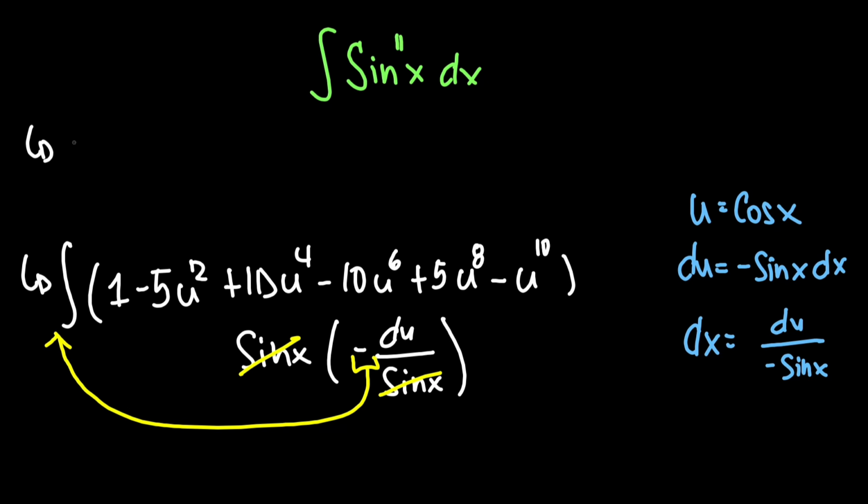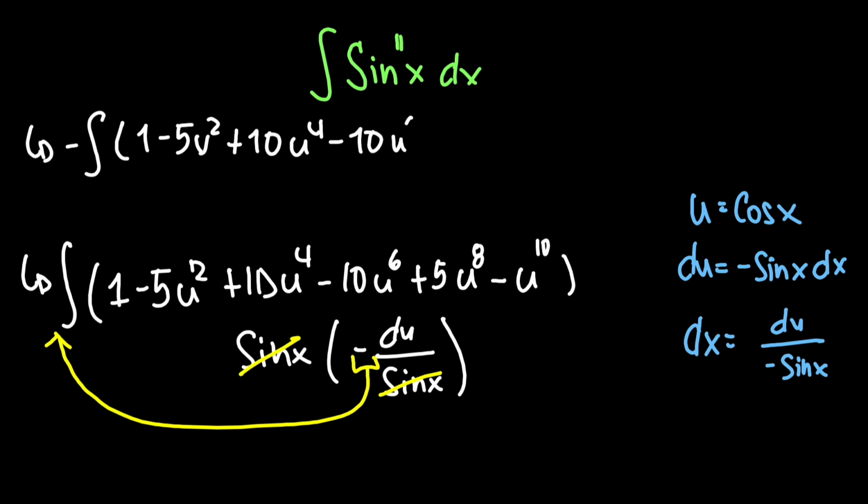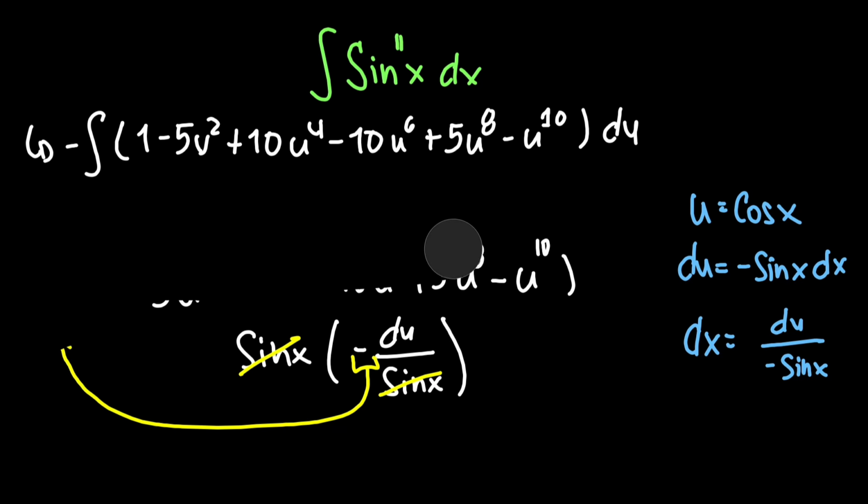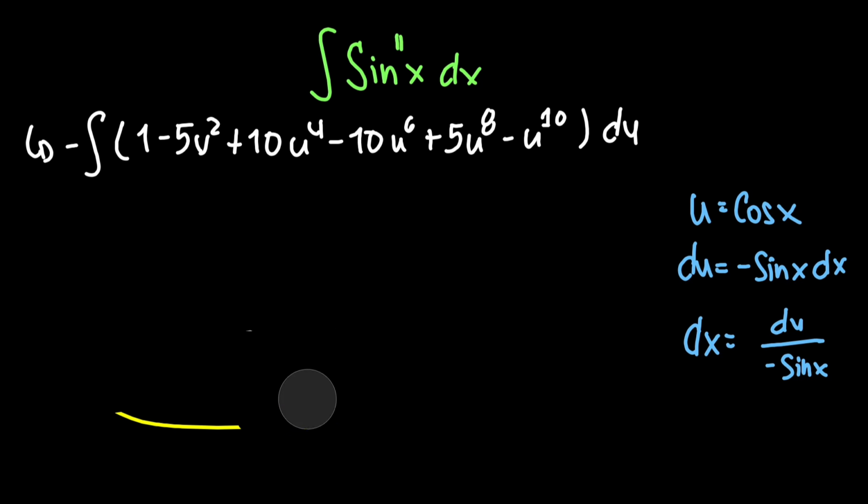And what you have left here would be negative the integral of this value right here, multiplied by du. You can see here now that we can integrate this one by one via power rule.